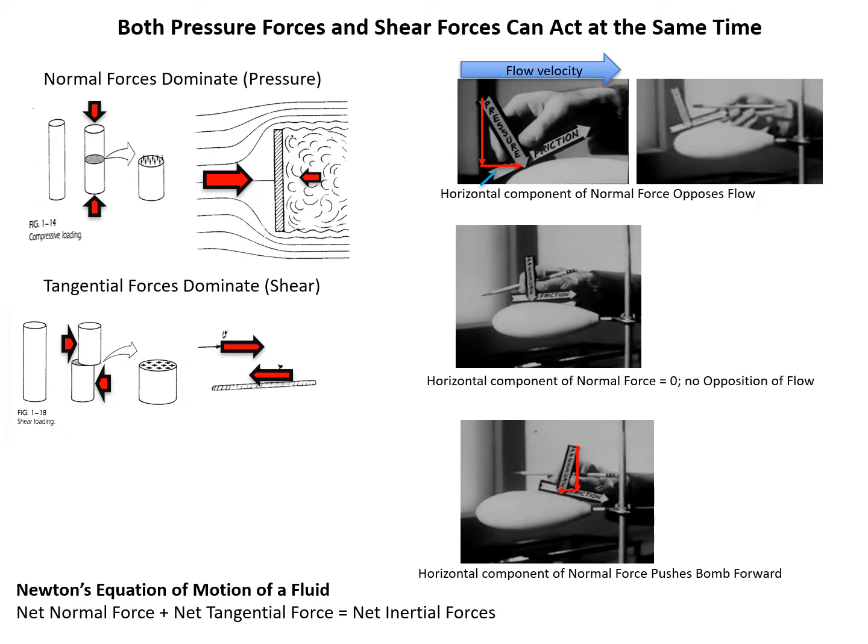So there's a large pressure generated, a large compressive force generated on the upstream side of that plate, and very little compressive force on the downstream side. And there's almost no friction force, almost no tangential forces placed on this plate. They're there, but they're very small relative to these normal forces.